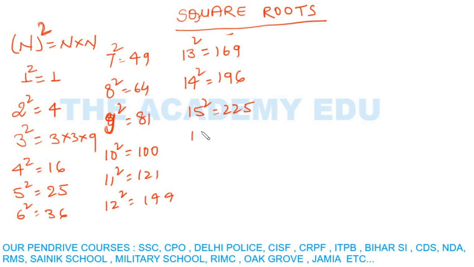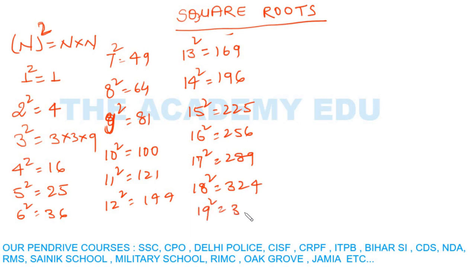The square of 16, 256. The square of 17 is 289. The square of 18, 324. The square of 19, 361.